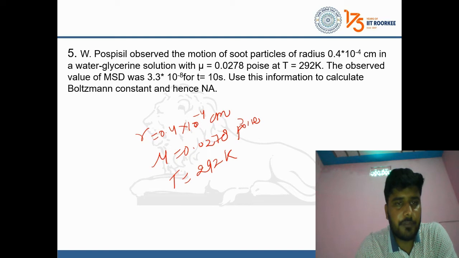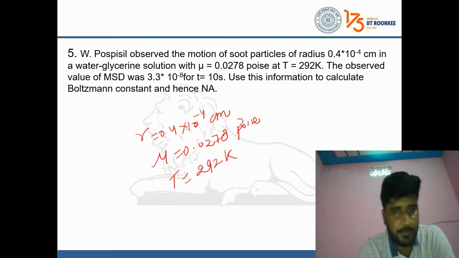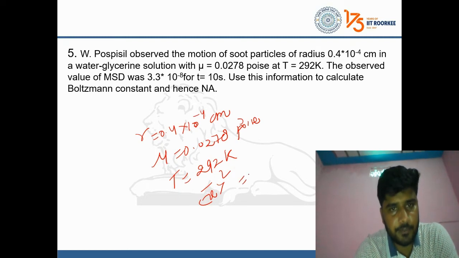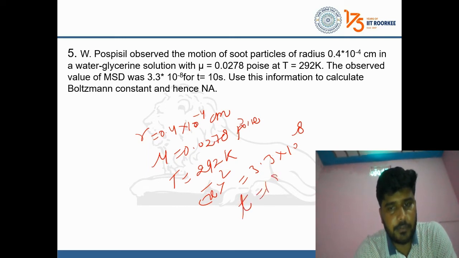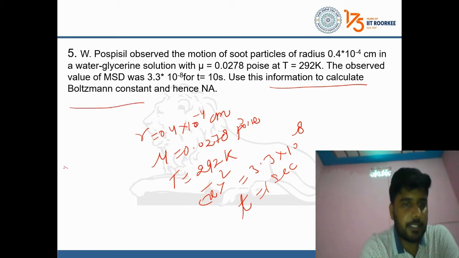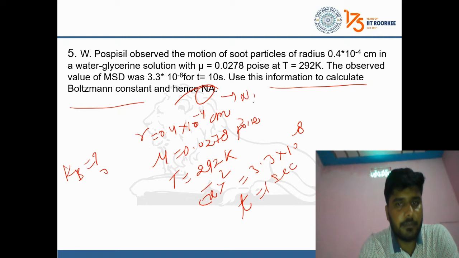The observed value of mean square displacement is given here, 3.3 × 10^-8, and the time is also given. Use this information to calculate the Kb value and hence NA, the Avogadro number.